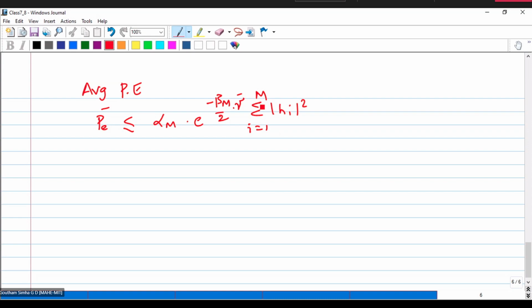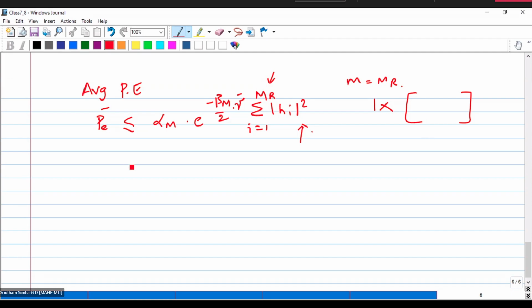Now, the sum from I equal to 1 to mr of hi square is what? That is nothing but this whole term. If I replace this m by mr, the number of branches, substitute m is equal to mr. What is this? This is nothing but your Frobenius norm. Frobenius norm is nothing but the norm of whatever matrix you have, in matrix fashion.